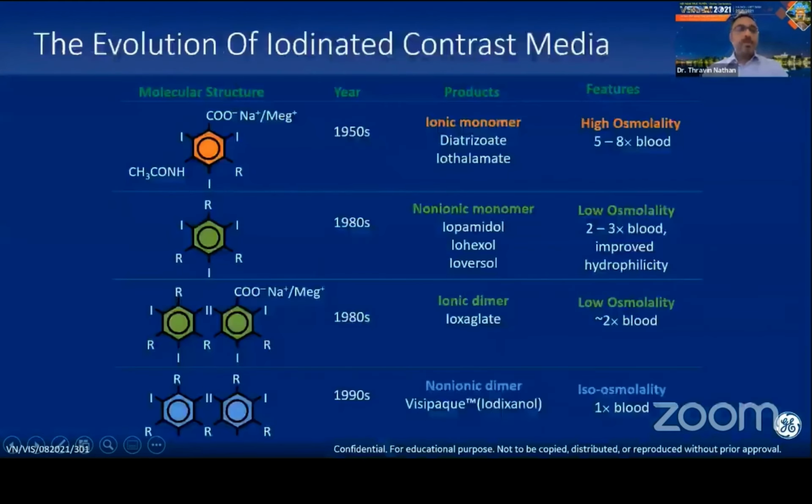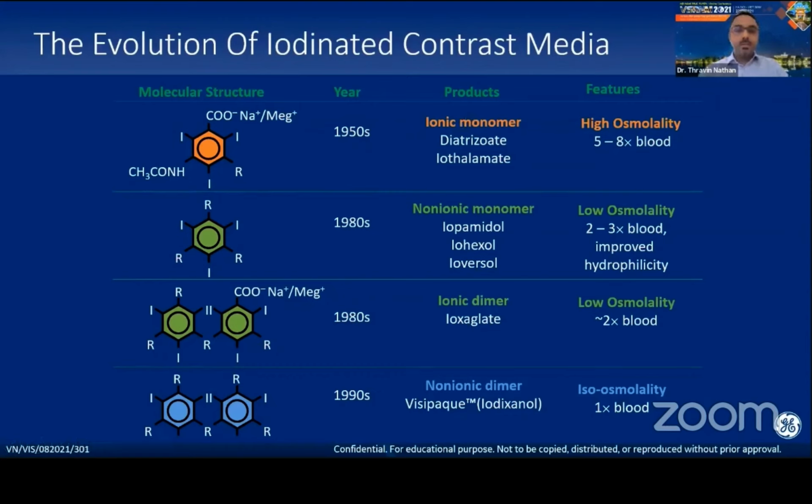Now, I've covered quite a bit in terms of the properties of the contrast media, and namely their structure, osmolarity, viscosity, as well as the iodine content. Let's take a look at how those elements, those properties have evolved over the years in terms of how the use of contrast media has also changed over the years with the different classifications.